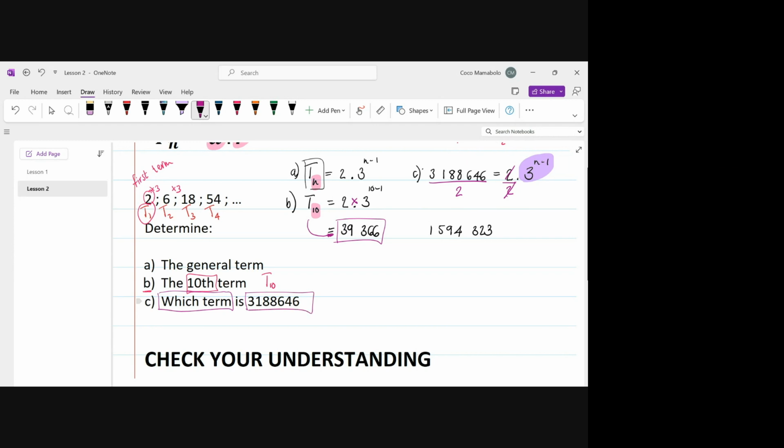So they've given us the answer, because technically this part turned into that answer. So in C, what they're asking us is T something is equal to 3,188,646. Tidimalo, what would normally be sitting there? What letter would normally be sitting there?